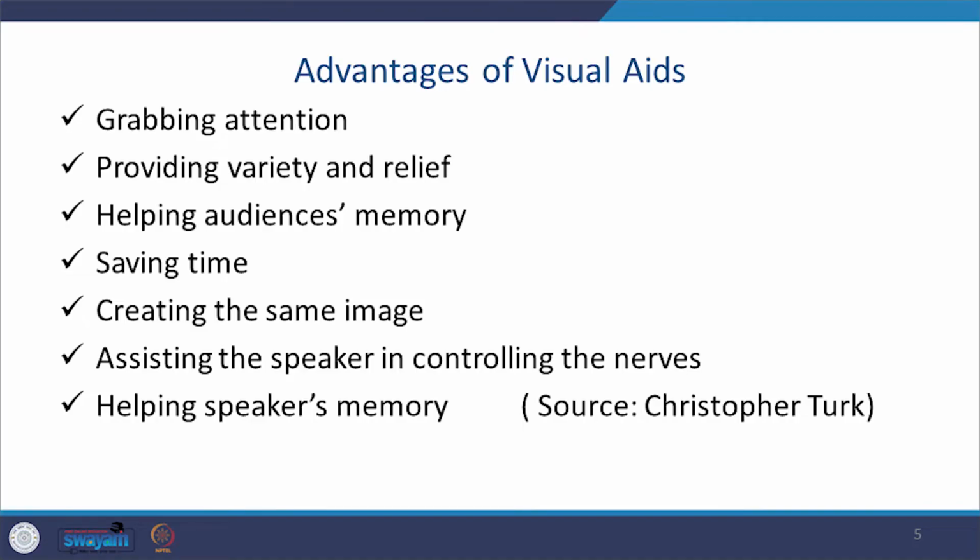Now, when you make use of words, phrases, anecdotes, whatsoever, our audience members may have different experiences and they will be comparing their experiences, isn't it? But when you show them a picture, the reaction to the picture may be the same. It actually creates the same image. The moment we say something which is very technical, and you show the picture there, the audience members concentrate on the image or the picture, and it will create the same image.